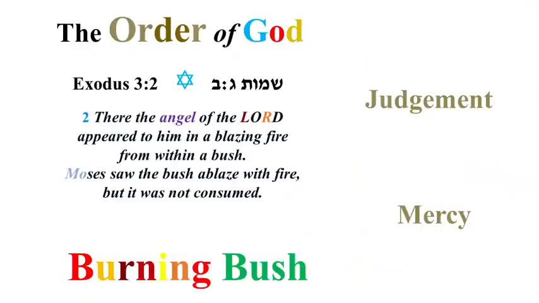They're opposites. Okay? Remember the burning bush. We mentioned it a little while ago. Exodus 3:2. There the angel of Yahweh appeared to him in a blazing fire from within a bush. And Moses saw the bush ablaze with fire, but it was not consumed. So that burning bush, this is when Moses goes up on Mount Sinai, right?